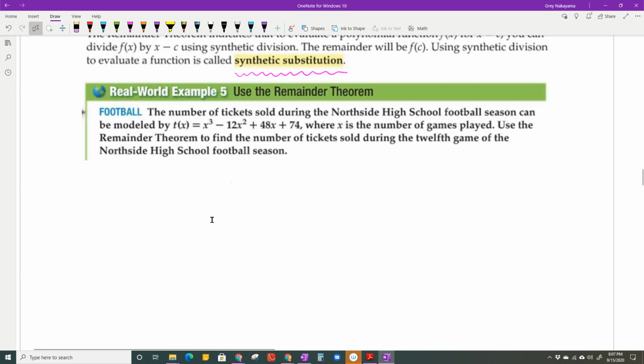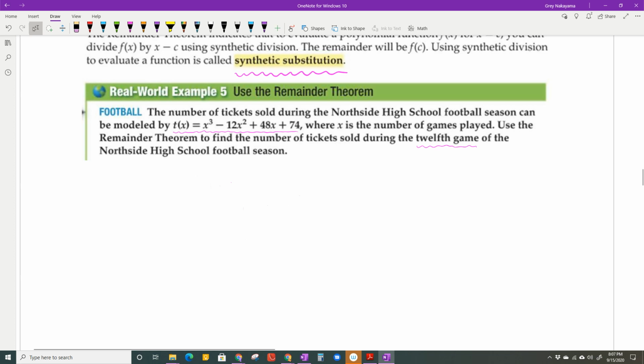The number of tickets sold during Northside High School football season can be modeled by T of x equals x cubed minus 12x squared plus 48x plus 74, where x is the number of games played. Use the remainder theorem to find the number of tickets sold during the 12th game of the season.